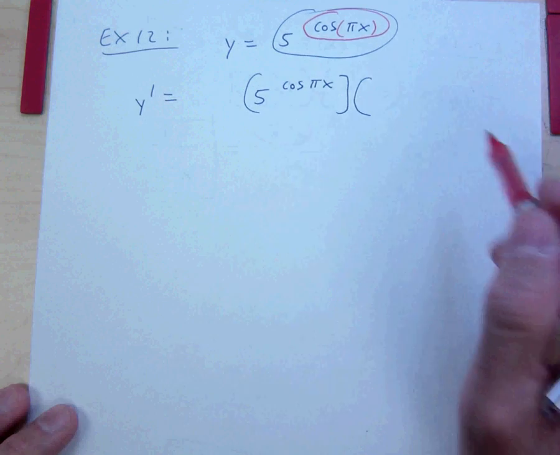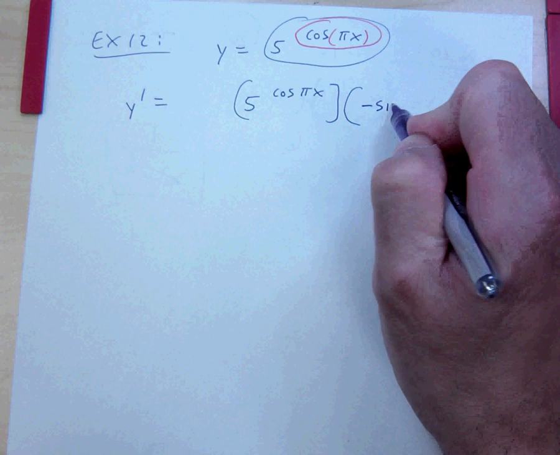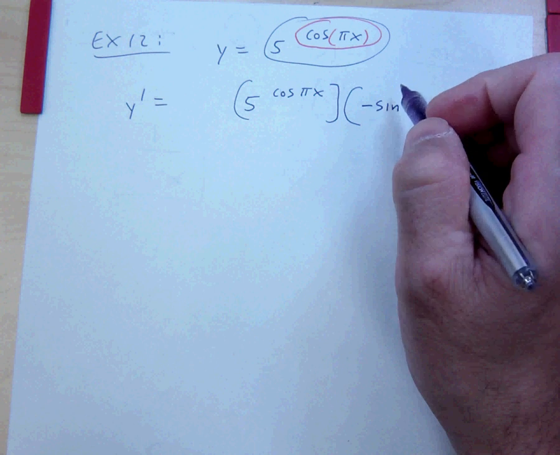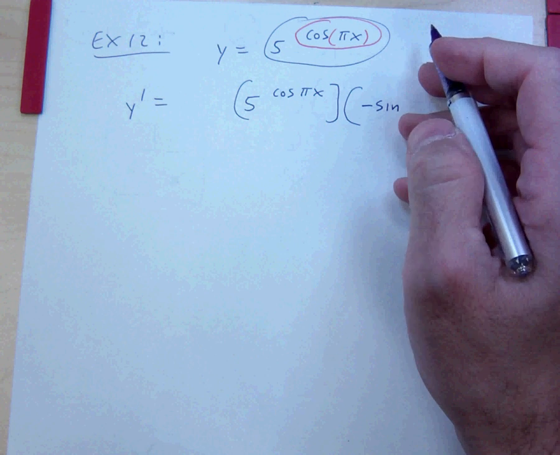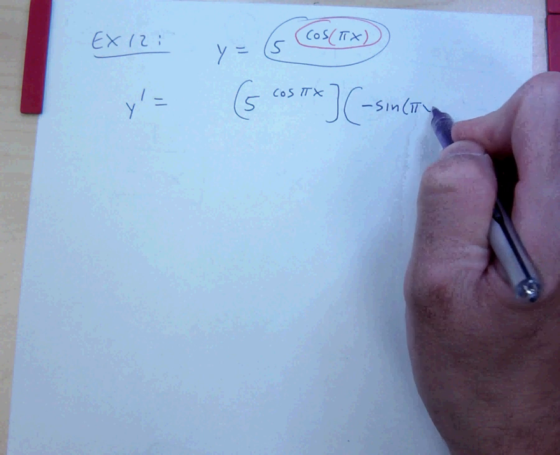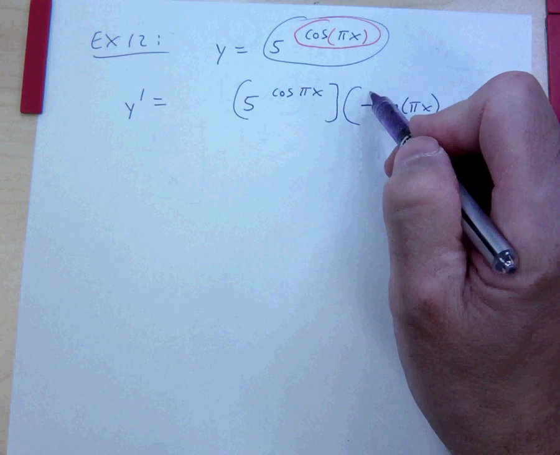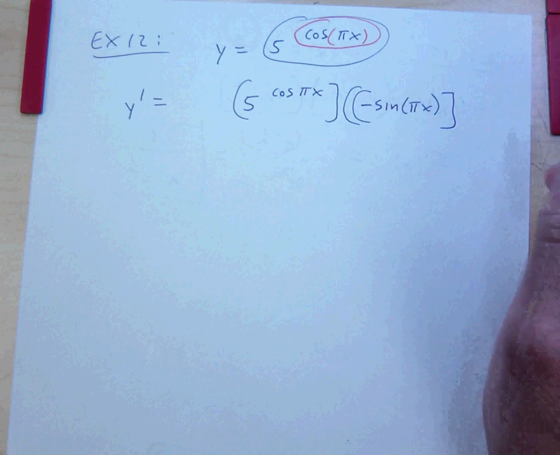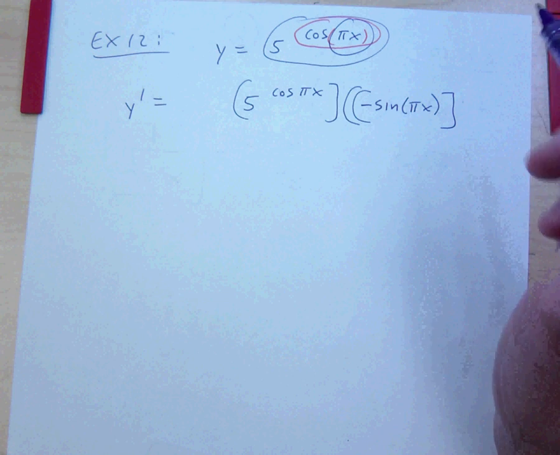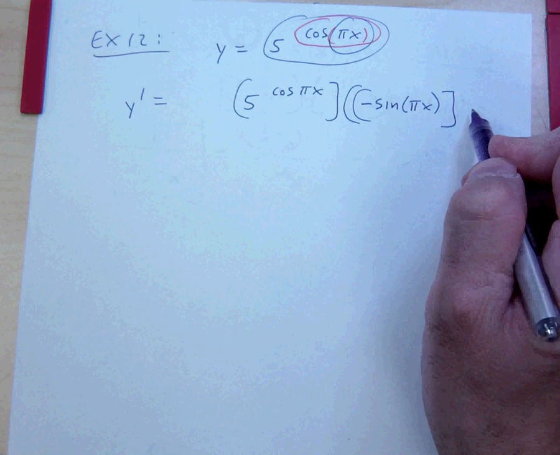And so you have to take the derivative of cosine, which is negative sine. Okay? So you take the derivative of the outside, put the inside function back in the way it is. Right? And then you multiply all that by the derivative of the inside of that. So what's the derivative of pi x? Pi. Okay?